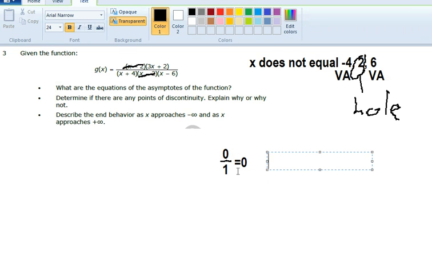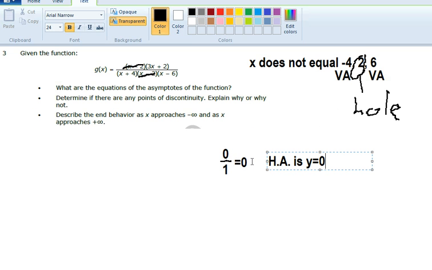So that is our horizontal asymptote, a horizontal asymptote of 0. Okay. So y equals 0 is our horizontal asymptote, our vertical asymptotes are at x equals negative 4 and x equals 6, and our hole is at x equals 2.